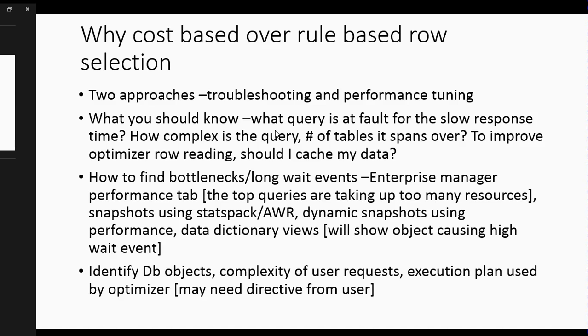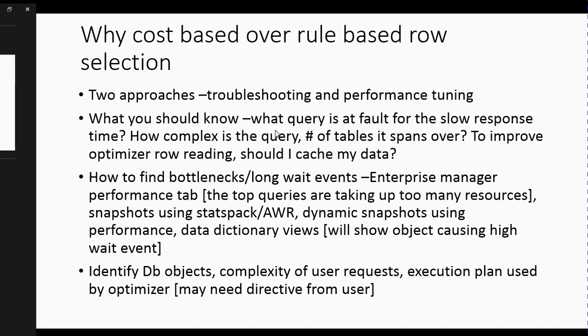So if a user comes to you and tells you, okay, I'm experiencing a very slow response time, you have to be able to know which objects the optimizer might be performing full table scans on, or which objects you have indexes on. That's something basic that you can figure out.